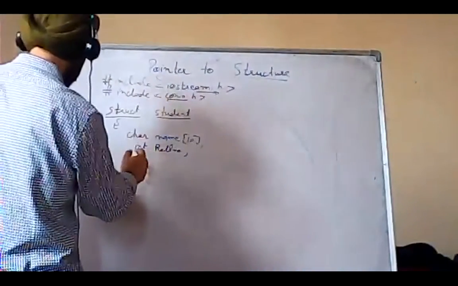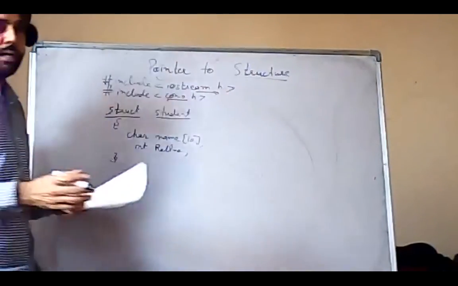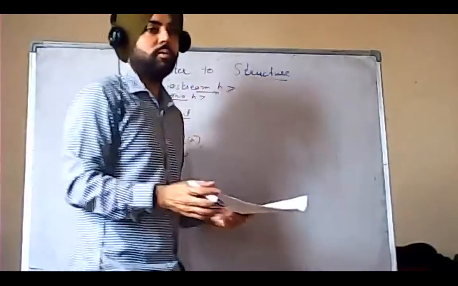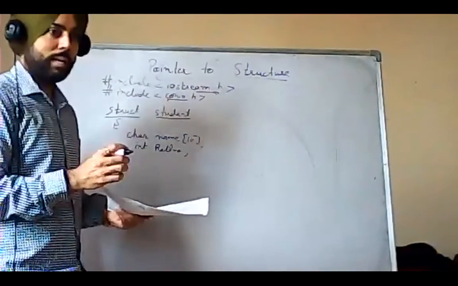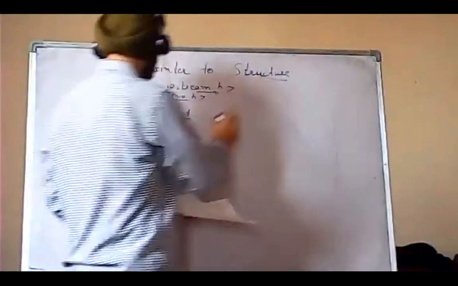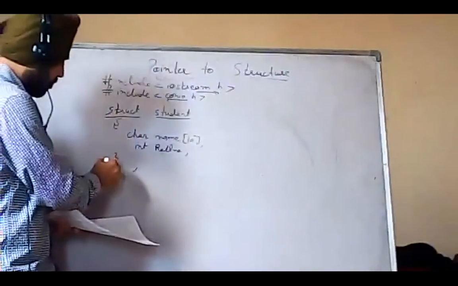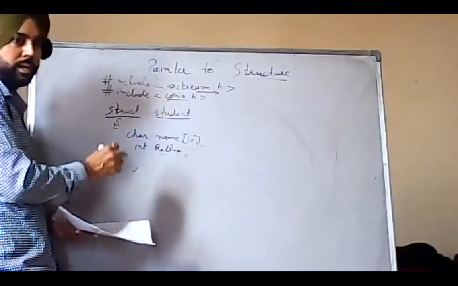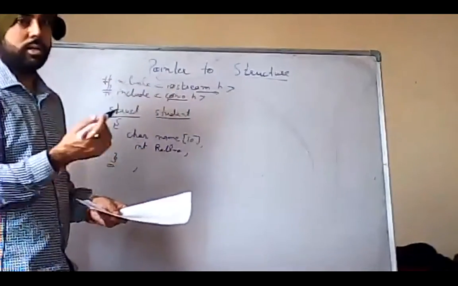Our next step is to close the structure, as I already discussed with you how to close it. We close the structure with a semicolon. When you apply a semicolon after this compound statement, your structure will be closed.